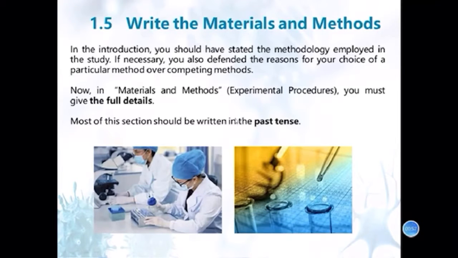Also remember, this section should be written in the past tense because you already did this kind of experiment here. This is usually in the medical or biological research field. We use this kind of methods.